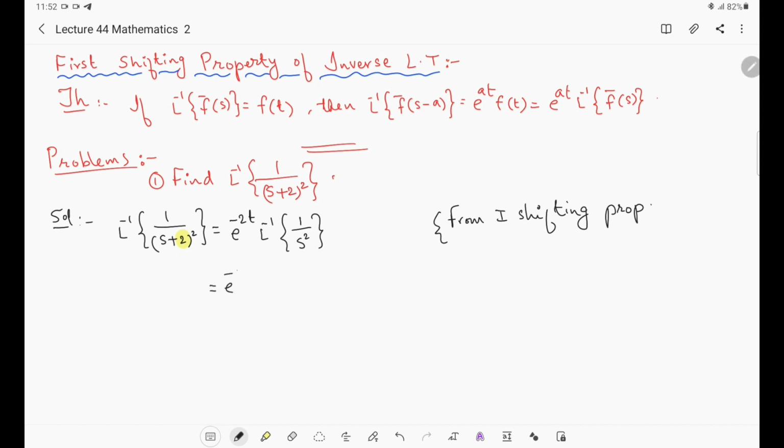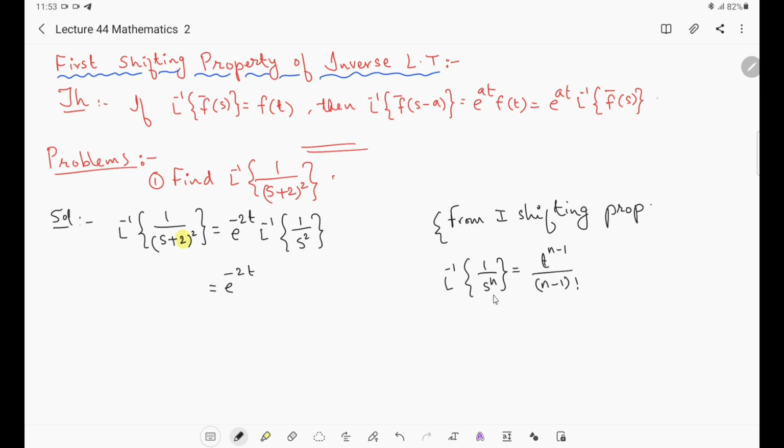Now, e power minus 2t, I have to find the Laplace inverse of 1 by s square. I have the formula: Laplace inverse of 1 by s power n is given by t power n minus 1 by (n minus 1) factorial, when n is a positive integer.